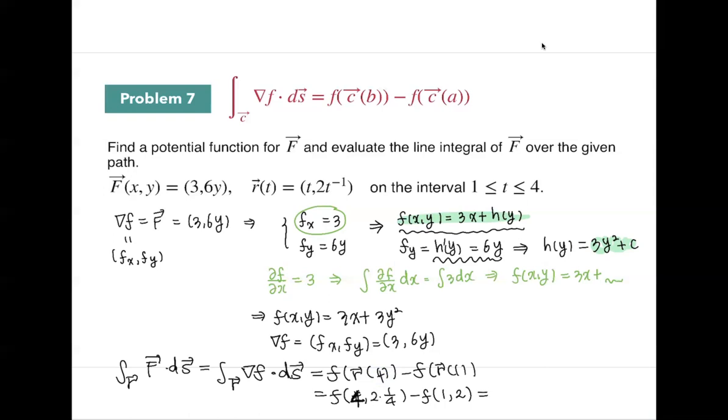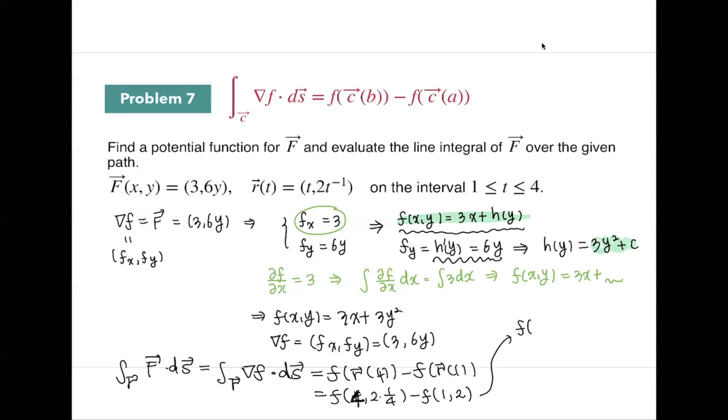Okay, so it is 4 comma 1 over 2, so you can plug into the f here. F is not that one. This one is f, so you can plug in. I think it is better to simplify it first.